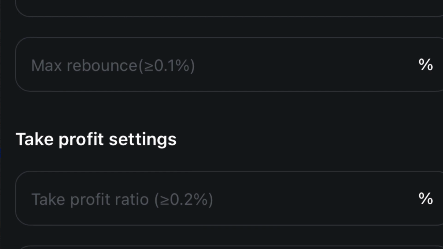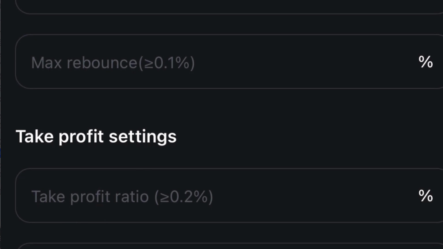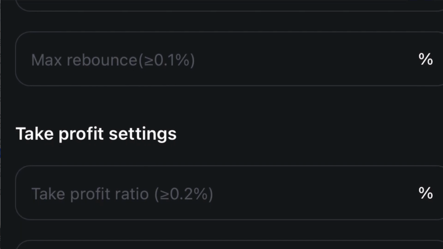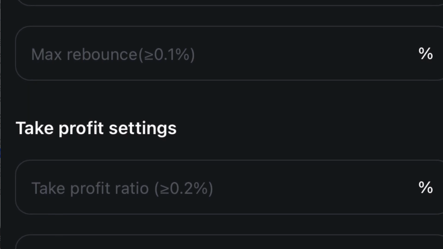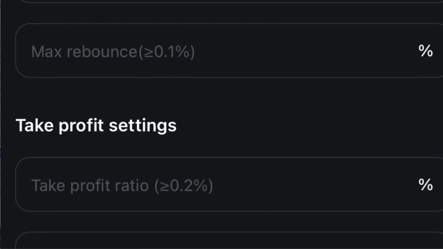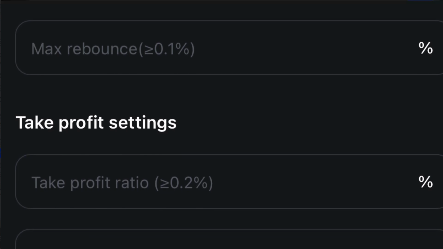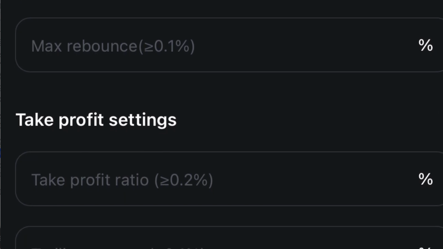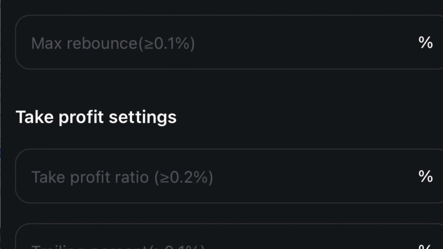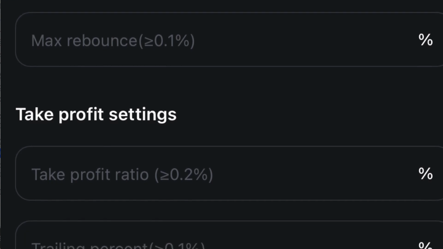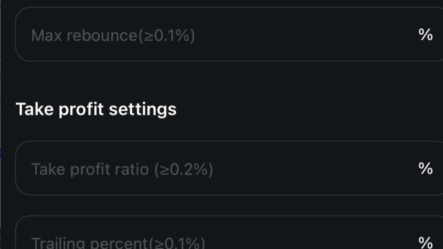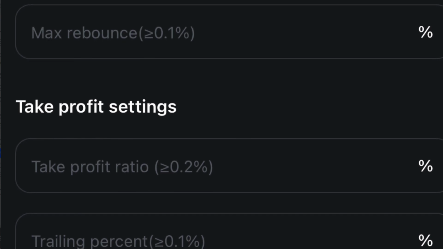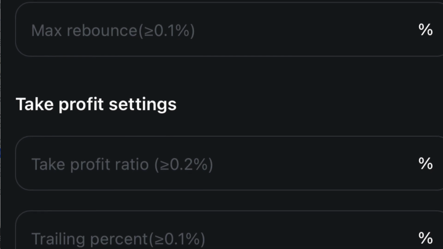With the trailing percent, you activate at 2%, and you may set a trailing percent of 0.5% because you want to lock in those profits. It may hit 2% and keep going all the way up to 5%, but if it drops down to 4.5%, that is when it will actually sell.